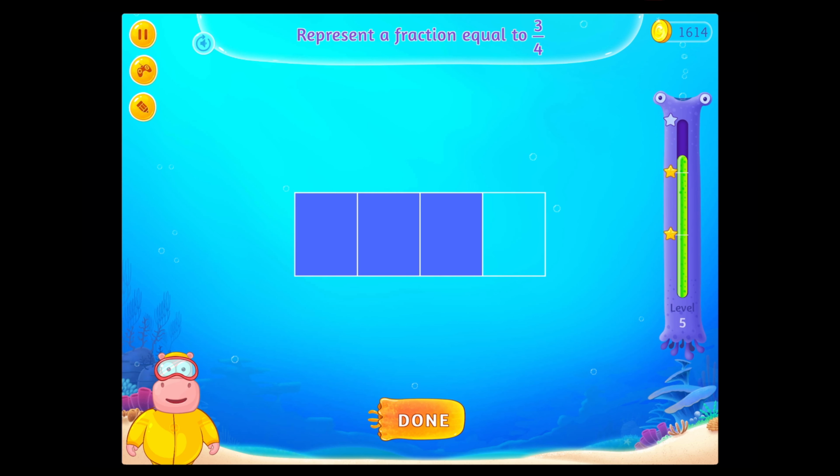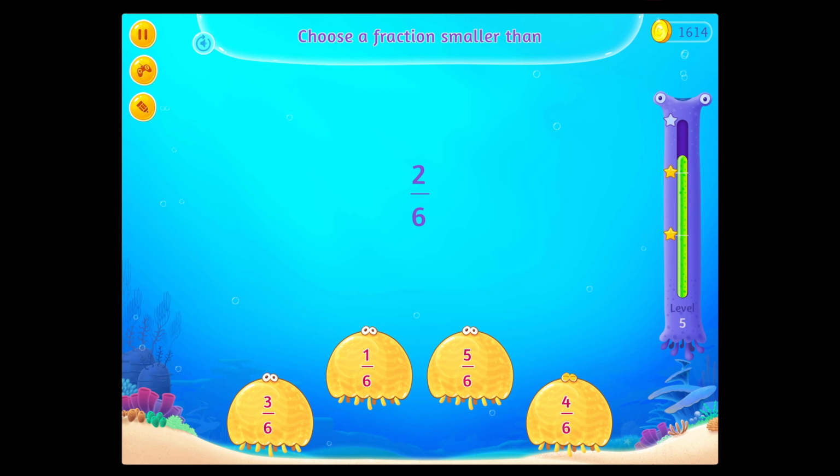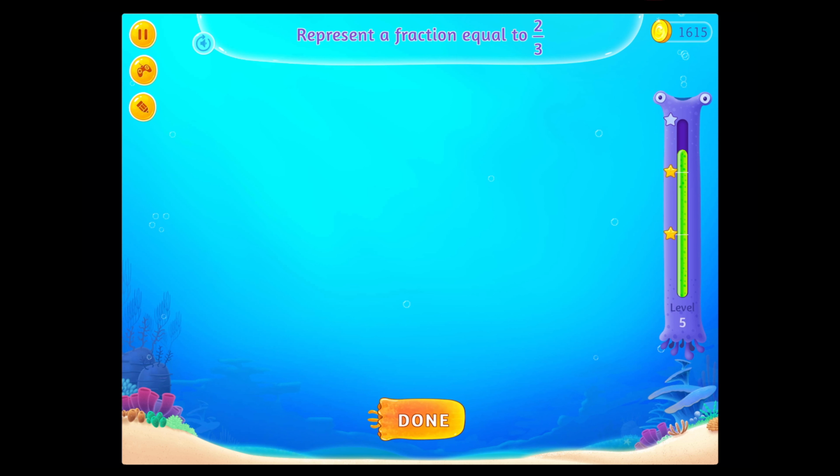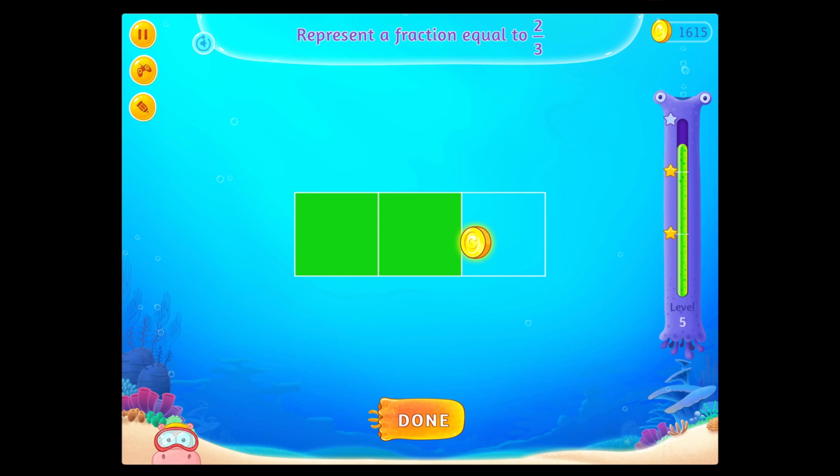That's right. Choose a fraction smaller than. Congratulations, you've done it. Represent a fraction equal to 2/3. Awesome.